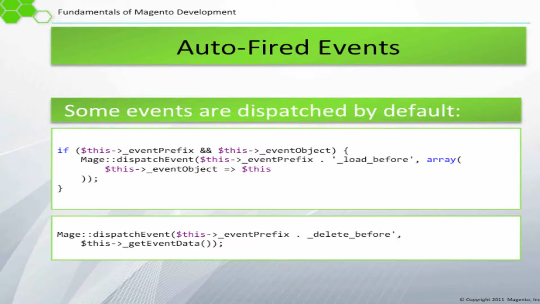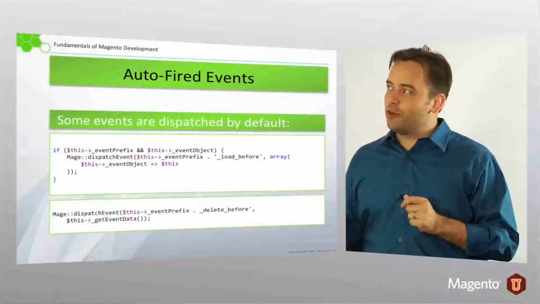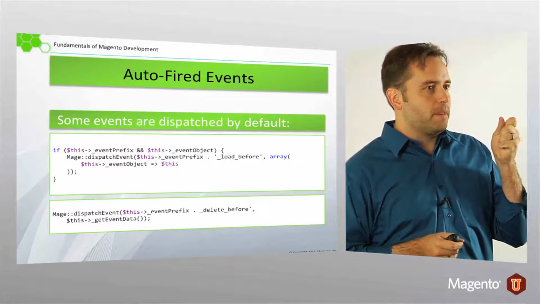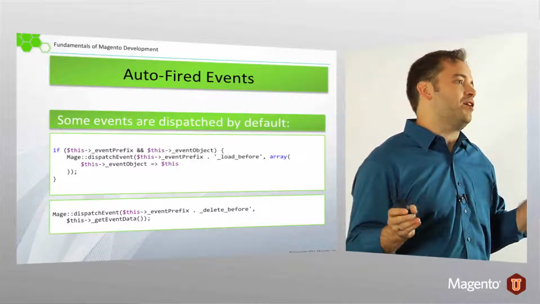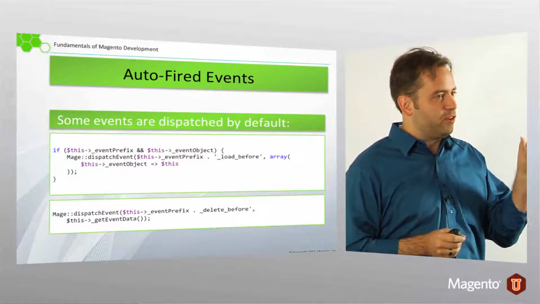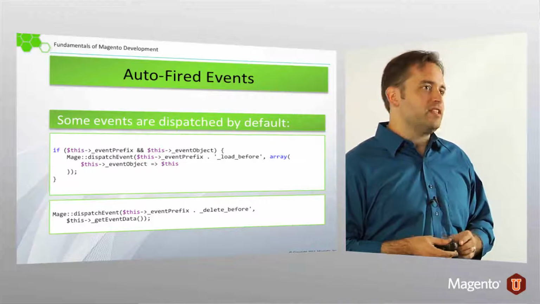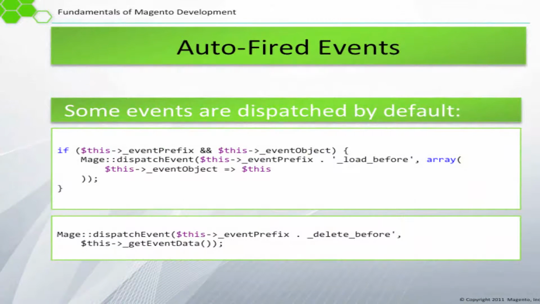So before we get into a nice practical example of event observers, I do want to point out that there are lots of auto-fired events. I think you recall me mentioning yesterday that there are several events which are automatically fired because, based on configuration of your object, you can actually pass in your own string to identify your object, and based on different methods that can be called on your object, you'll end up with these different events being fired.